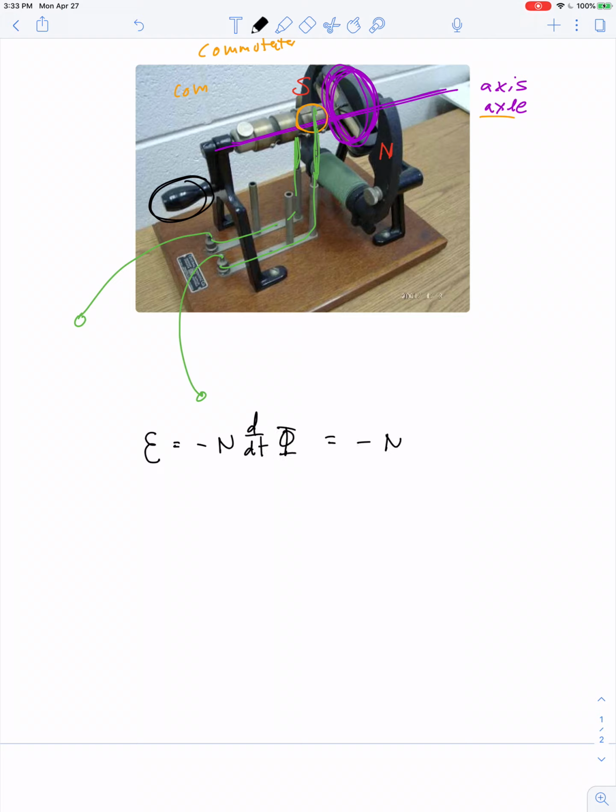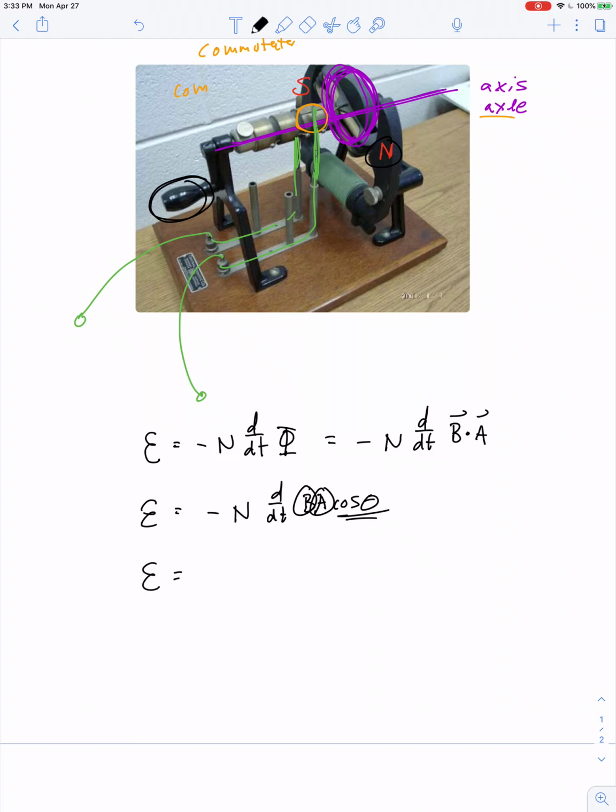That means it's negative N times d/dt of the vector dot product of B and A, which means the voltage you get output from a generator is equal to negative N times d/dt of BA cosine theta. Well, the strength of the magnetic field doesn't vary, and the area of the armature doesn't vary. It's the angle between the two that varies as the axle is spun.